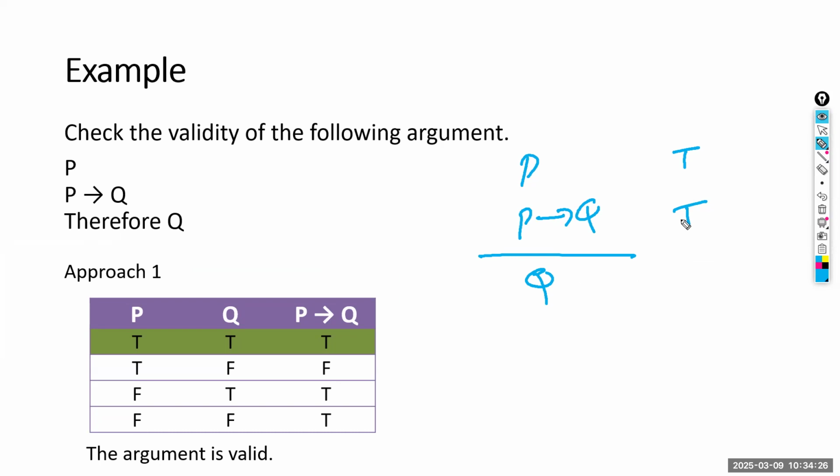We assume that these statements are true, because we are only checking whether it is valid. We already assume that P is true, so in the first statement P is true. This big statement is also true, because we assume it is. If P is already true, for this big statement to be true, what do you think about Q?